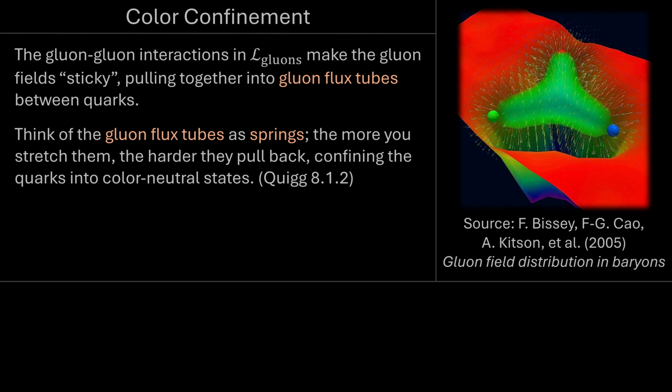And so even if you did stretch the quarks far enough apart, at some point the situation is going to get so intense that you're just going to end up creating more quark-antiquark pairs, and you're going to end up with more bound states of quarks getting split off from each other. But each bound state is going to remain color neutral no matter what. And that's the principle of color confinement.